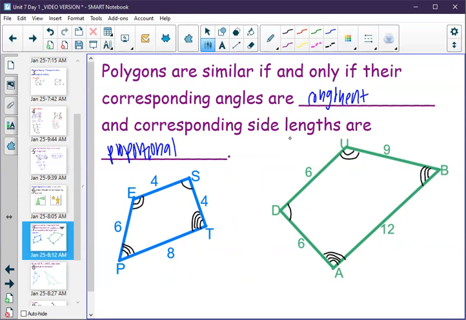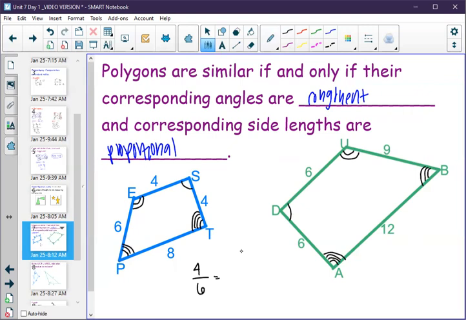The next is knowing that the side lengths are proportional. So that means that if I set up ratios for each of the corresponding sides, they need to reduce to the same thing. So if I start here between my 1 angle and 2 angle, we have a 4. Over on this polygon, that corresponds to a 6.